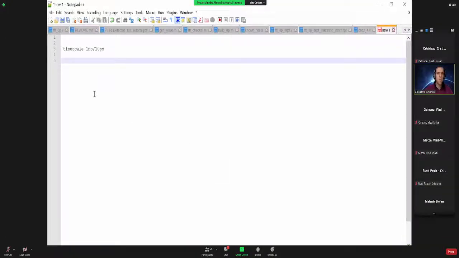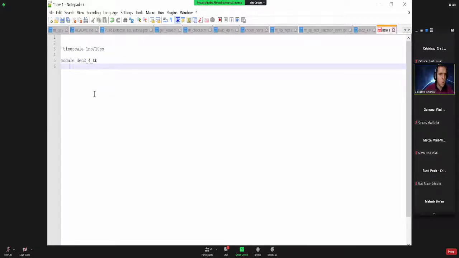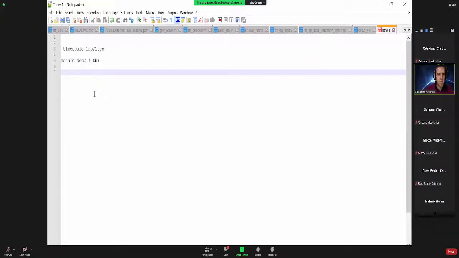So the test bench usually is a module which has no interface, so you don't have ports.